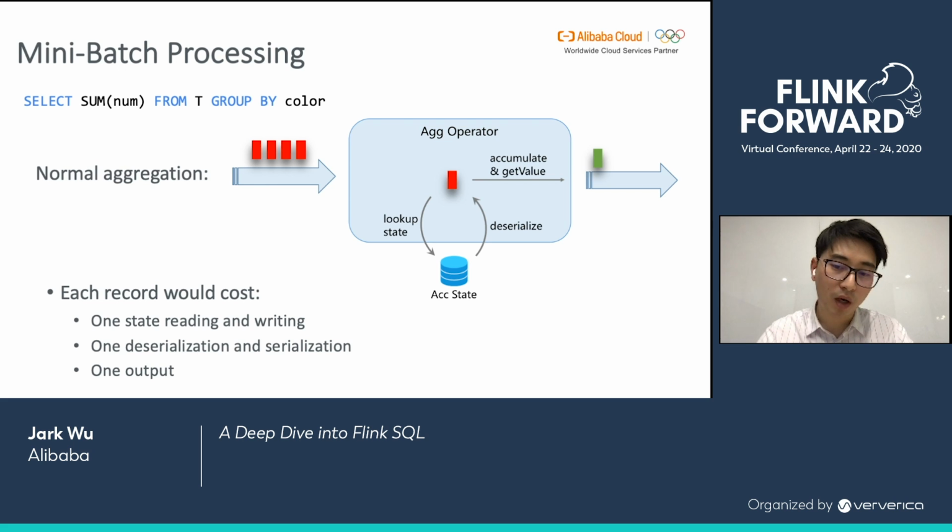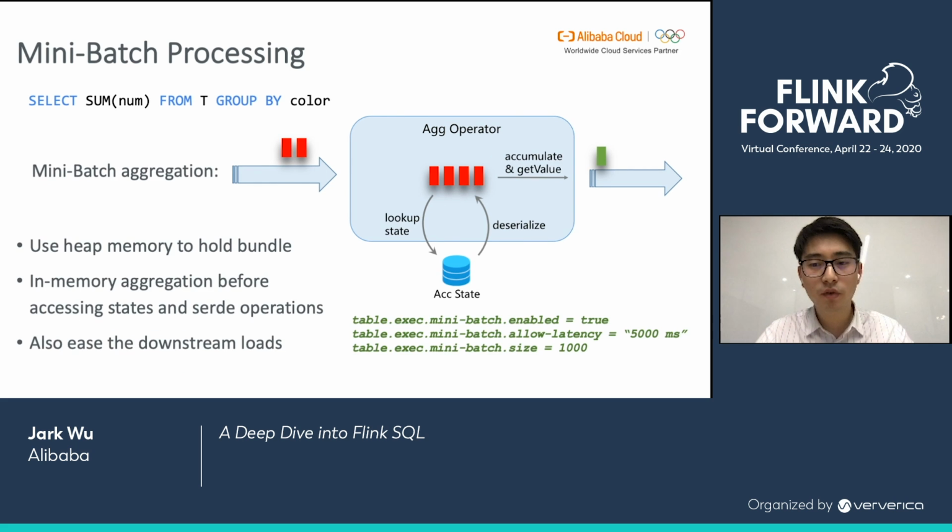And then we may output some result and serialize the new accumulator back into the state. So typically, each incoming record will cost one state reading and writing, one serialization and deserialization, and one or two more outputs. So what can we improve in this case?